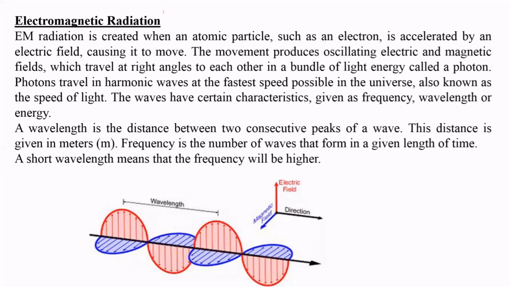Electromagnetic radiation is created because of electrons. Every matter in the universe is a combination of atoms, and every atom comprises three things: electron, proton, and neutron.